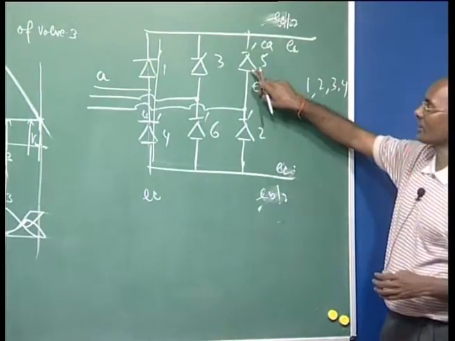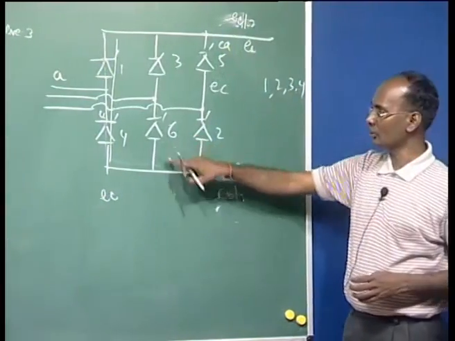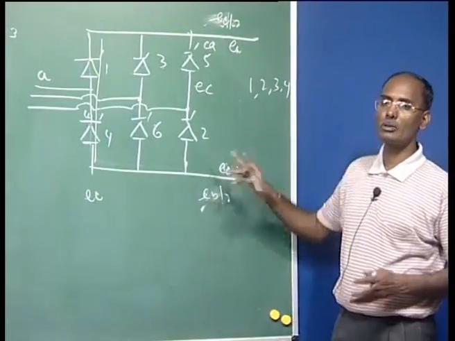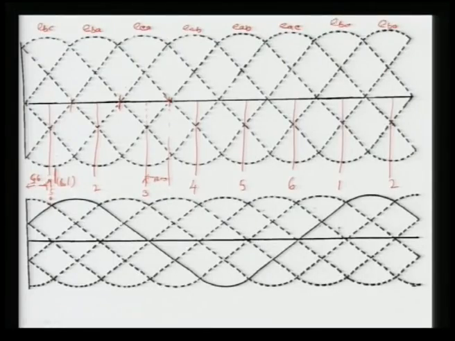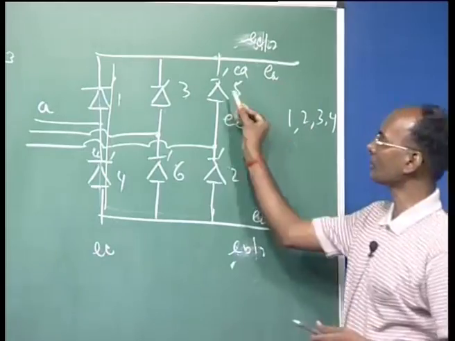So with 5 and 6, here it is C, here it is B, so the voltage should be ECB, and this is your ECB here. Now I gave the pulse to 1, so 5, 6, 1 are conducting, which means the commutation will take place here.